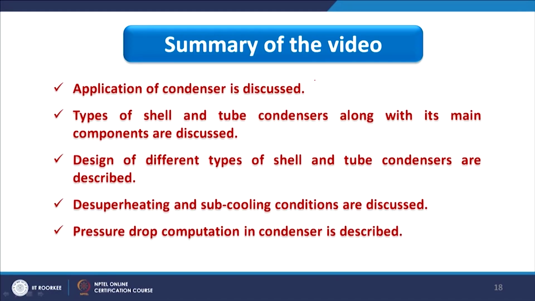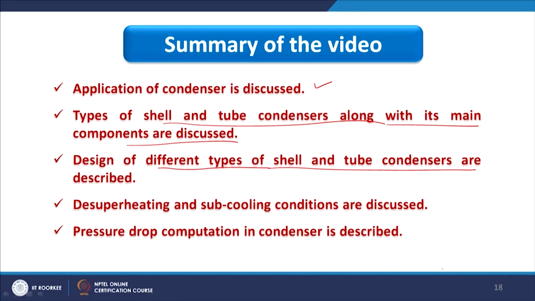In these lectures we have discussed application of condenser, types of shell and tube condensers along with their main components, and we also described design of different types of shell and tube condenser depending upon the heat transfer coefficient as well as pressure drop. Further, we have discussed de-superheating and subcooling conditions in condensers, and finally pressure drop computation in condenser is described. So, that is all for now.